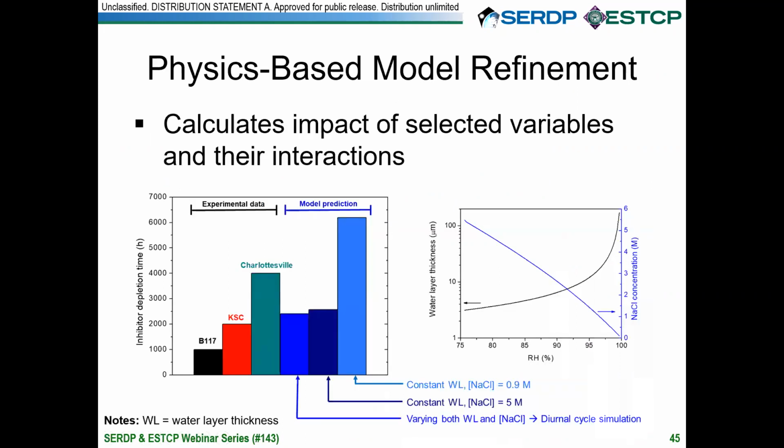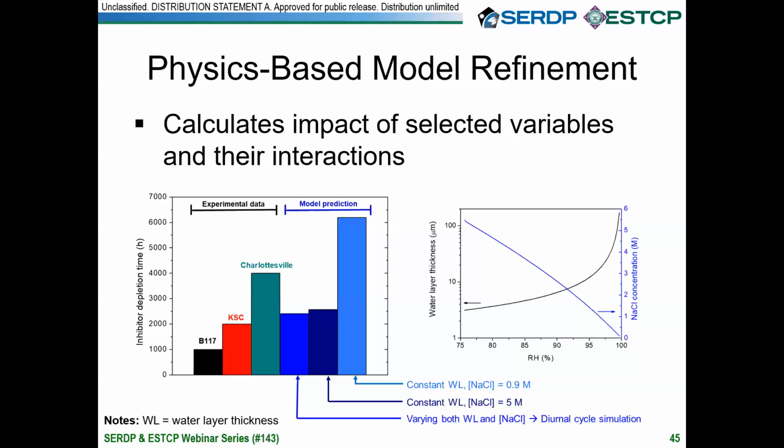Here's an example of how the physics-based model gives us a stronger Bayesian model. Inhibitor depletion is a chemical equation. We can predict inhibitor depletion from things like chloride concentration and water layer thickness. This is an example of a process we think we understand the physics behind.